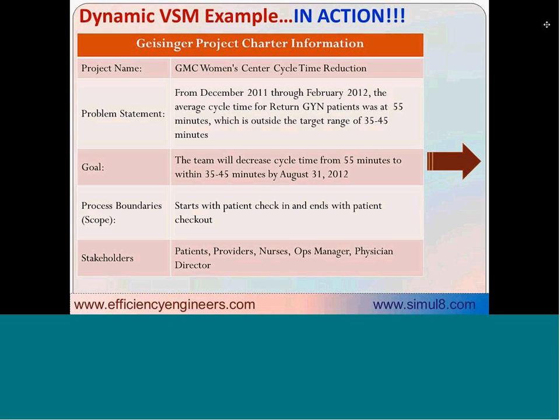The next line notes that patients on average take about 55 minutes to go through this process, and we'd like to move that closer to a 35 to 45-minute time frame. The process boundaries, or scope, are patient check-in through patient checkout. We see here a broad set of stakeholders, so it's very important that if they're not on the team, there exists at least a communication plan to make sure we have early and often communication as needed for particular groups.